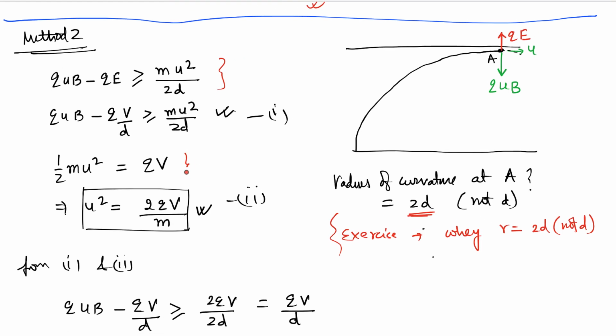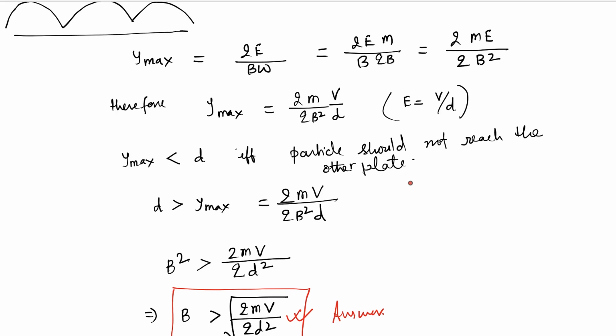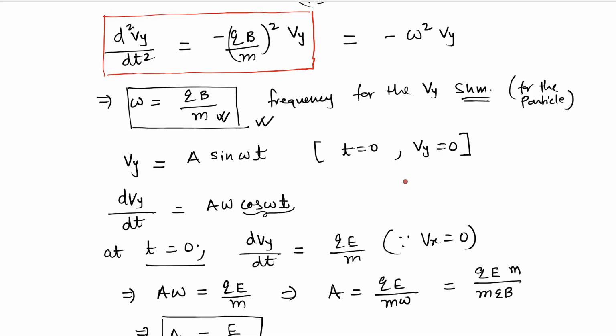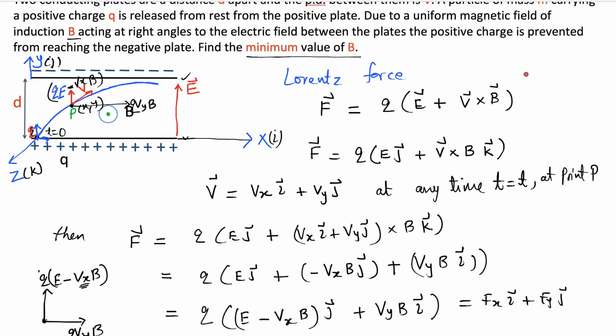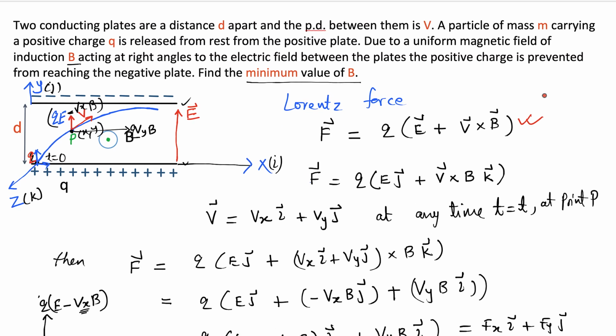And then you also need to think that qV should be spent in gain of the kinetic energy for the particle. And once you do that, these two equations, along with 2d, the radius of curvature, you should get the expression. This one is a little elaborate, but it is a lot more logical and it flows naturally as you go along. It simply uses the Lorentz force and keeps expanding on it, and then you will get the answer.